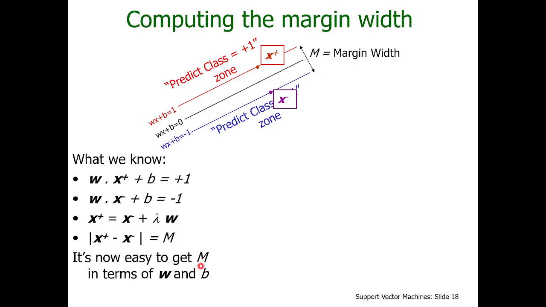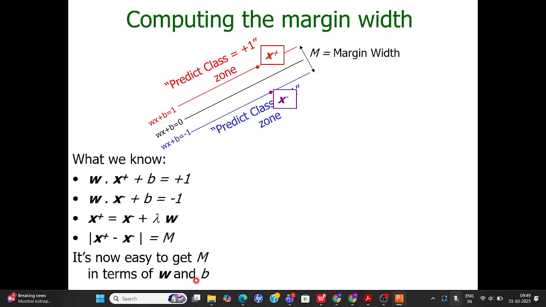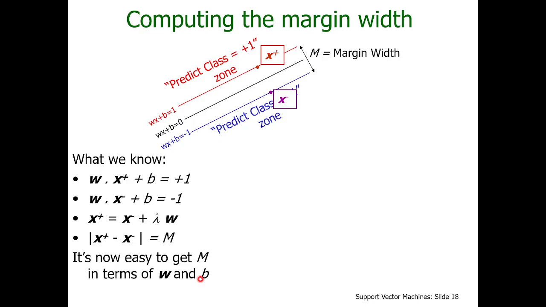And it is now easy to get this specific m value which is called the margin width, right? So you get the margin width in terms of your w and b, okay.